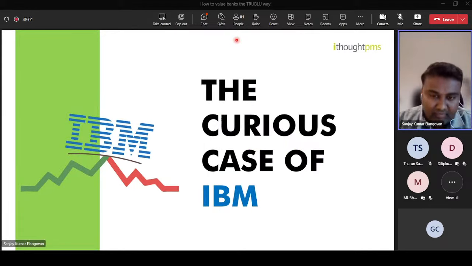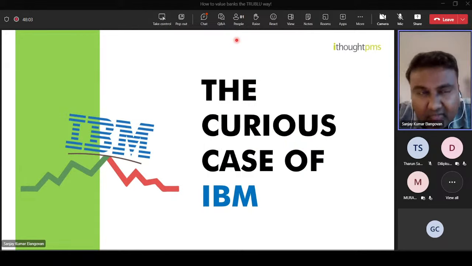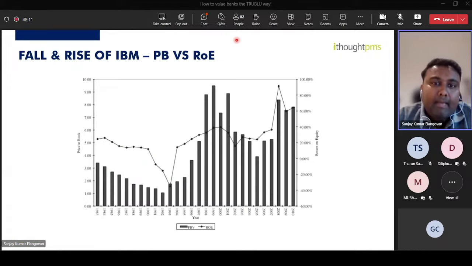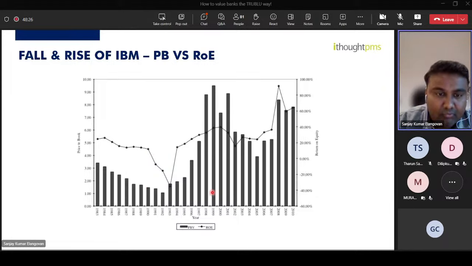Now, we'll look at a case study from the US, the curious case of IBM. It involves none other than the greatest investor of all time, Warren Buffett. But before that, prior to his buying of IBM, we'll look at the story. The black line that you see is the ROE of IBM, and the bars, the towers that you see, are the price to book.